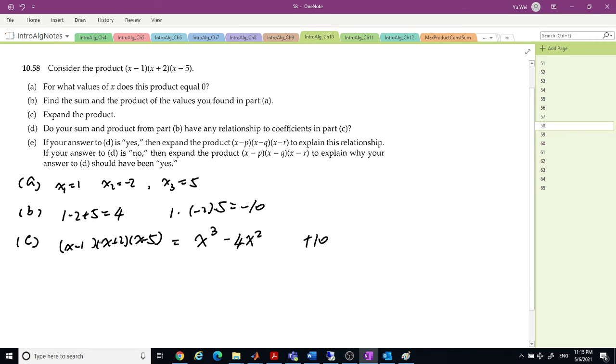Let me see. So -10x and -2 and +5, right? So it's -7x.